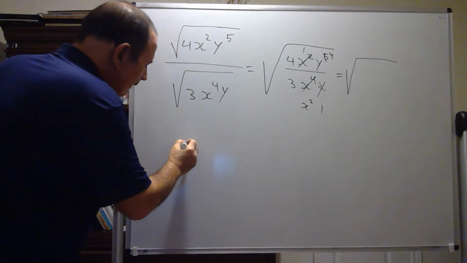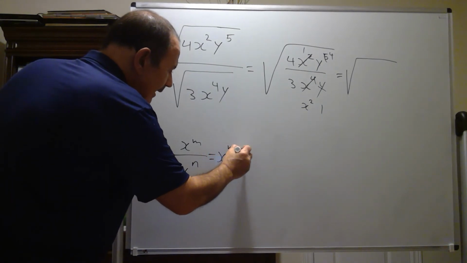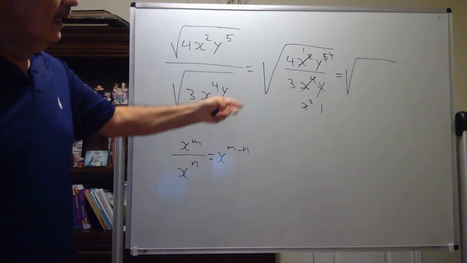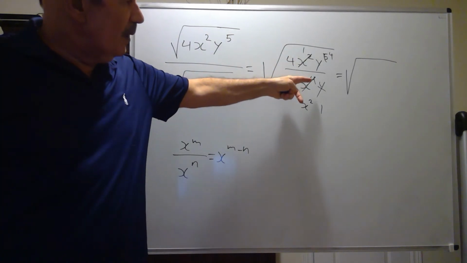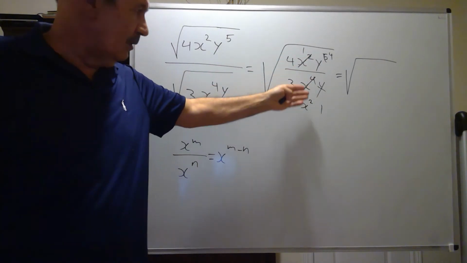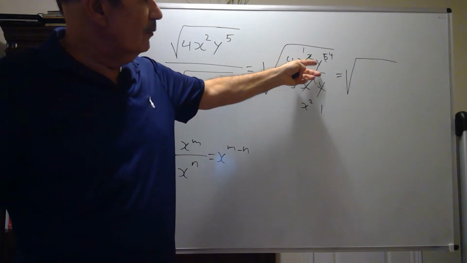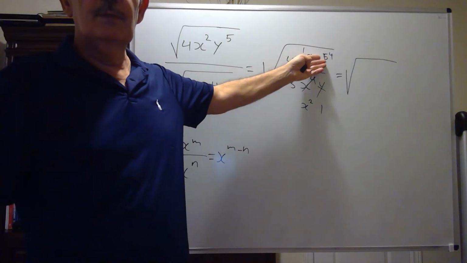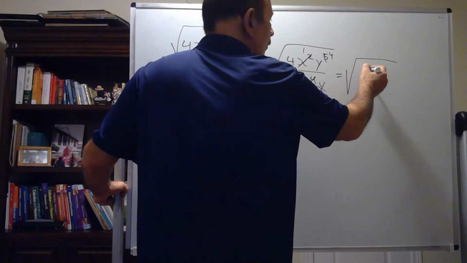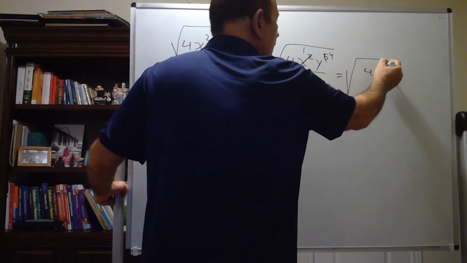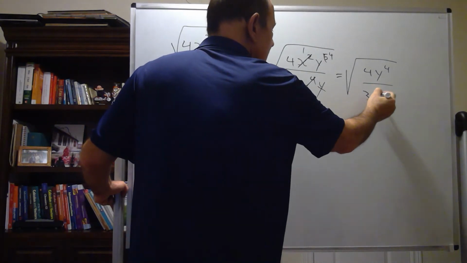Remember, x to the power of m divided by x to the power of n is x to the power of m minus n. I'm using this formula. y to the power of 5 divided by y is y to the power of 5 minus 1, which is y to the power of 4. Whatever is remaining is 4y to the power of 4 at the numerator, and at the denominator we have 3x squared.